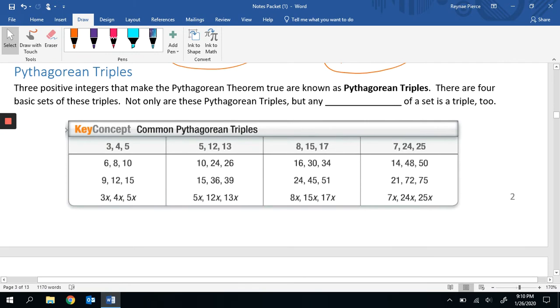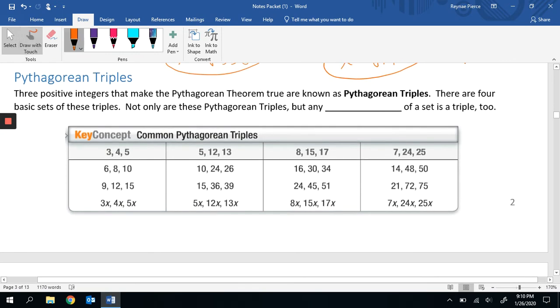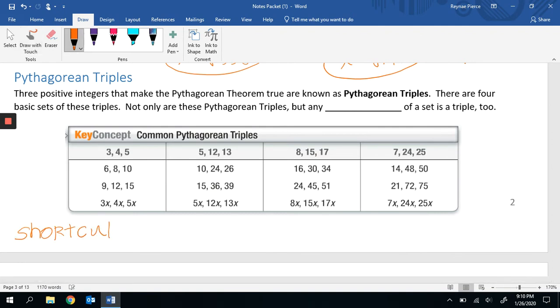Now these Pythagorean triples, these are just shortcuts. Don't feel like you have to memorize these. But a Pythagorean triple is just a set of 3 positive integers that makes the Pythagorean theorem true.